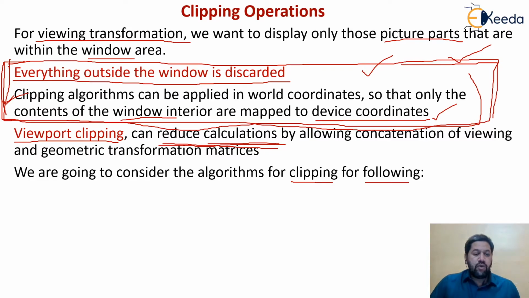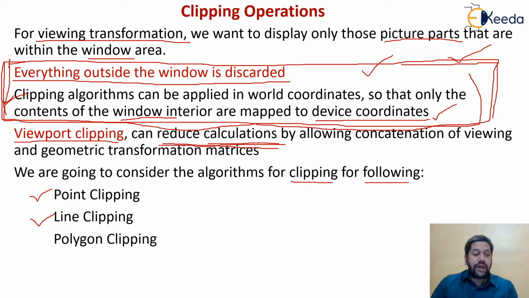In the next slide, we are going to consider the algorithms for clipping. Which algorithms are applied? First we consider point clipping, then line clipping, how to clip a line, and then how to clip a polygon.